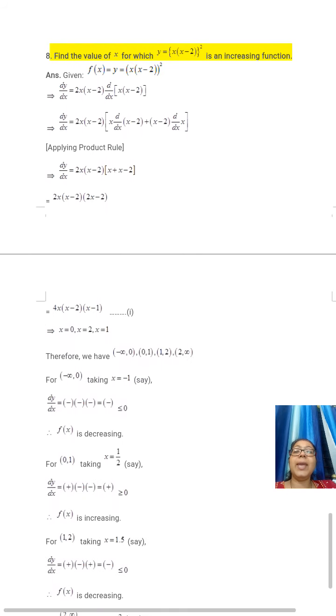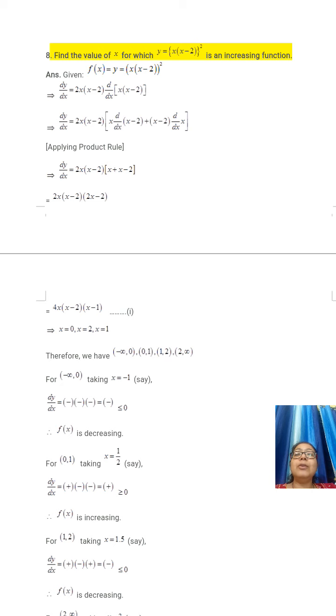Now question number 8. Find the values of x for which y equals x into (x minus 2) whole square is an increasing function. That we have to show now. Since y is given, we have to find dy/dx. We get 2x into (x minus 2) into (2x minus 2), or if we take 4x common, x minus 2 into x minus 1.